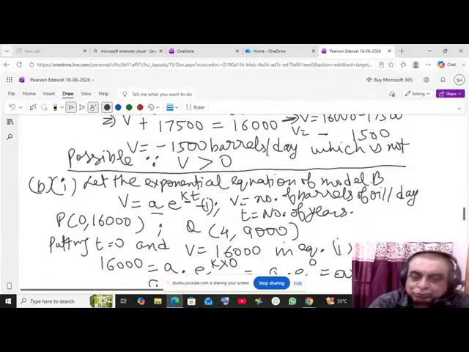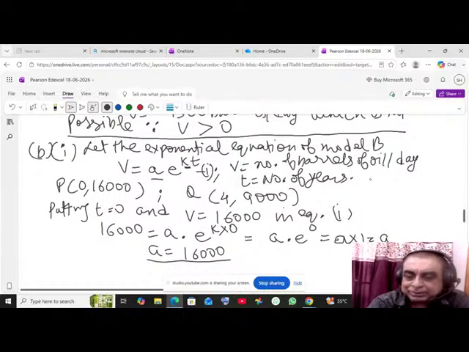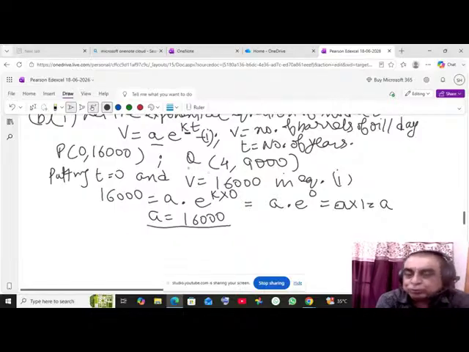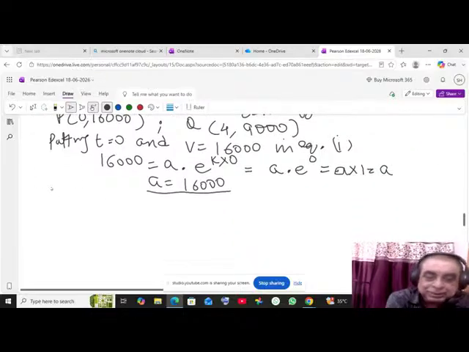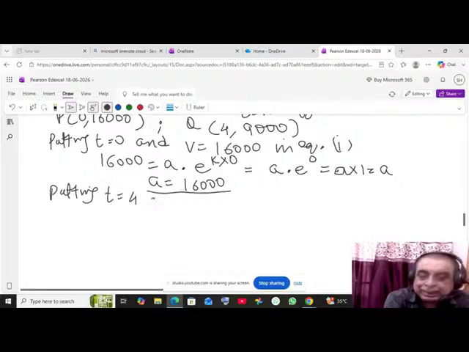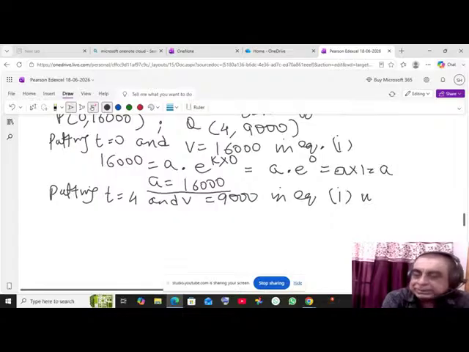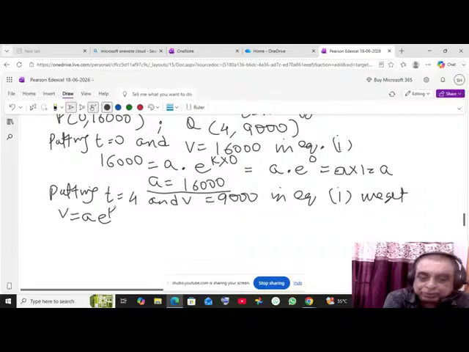Now the second unknown value to find is k. We put the values of the Q coordinate, t value 4 and v value 9,000, in equation number 1. The equation is v equals a times e to the power of kt.